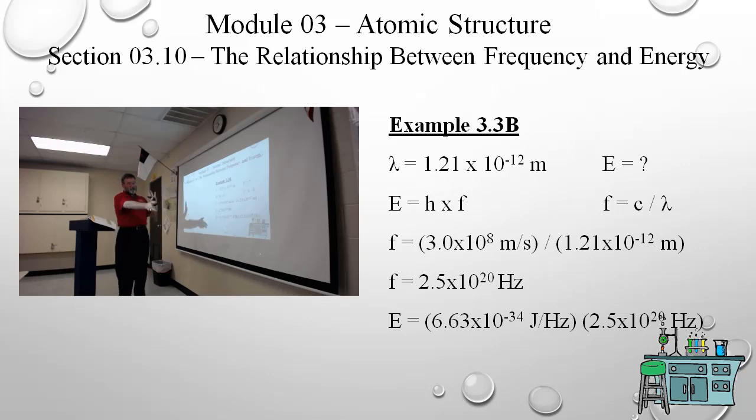Now again, let's estimate that. What would my estimation be? First, the coefficients. 6.63 divided by 2.5. Well, 2 times 2.5 is 5, and I need another 1.5. So it's a little bit more than 2.5.